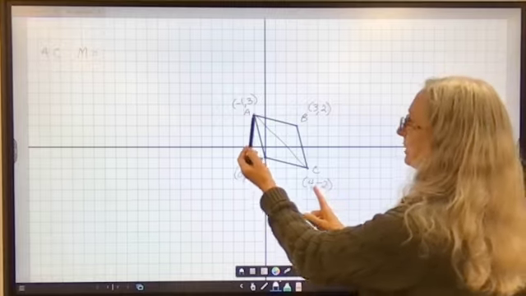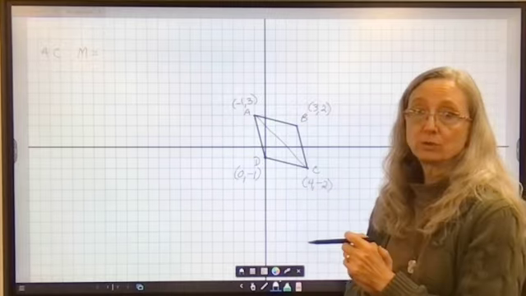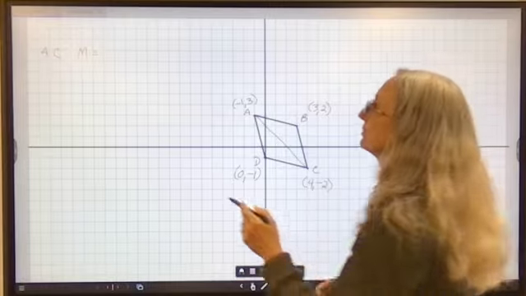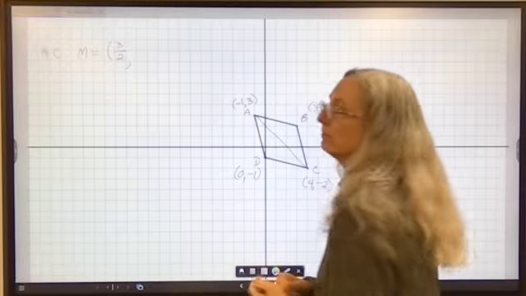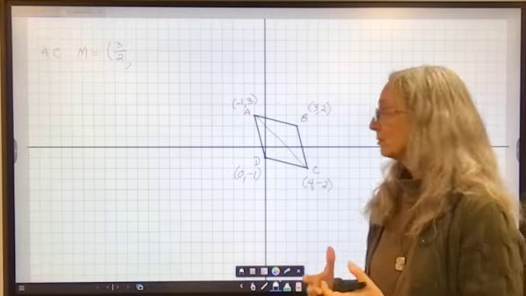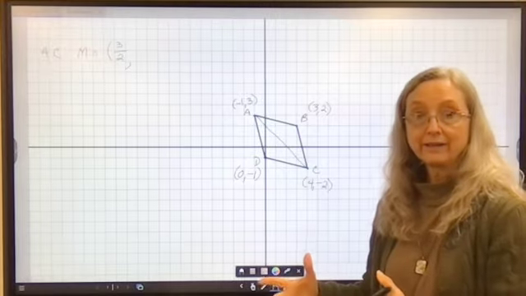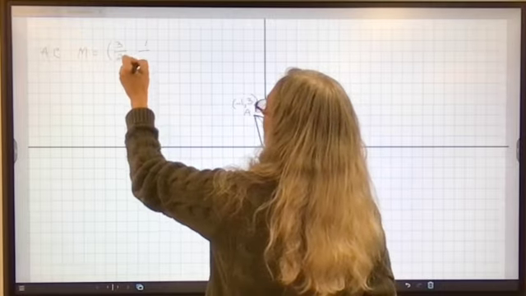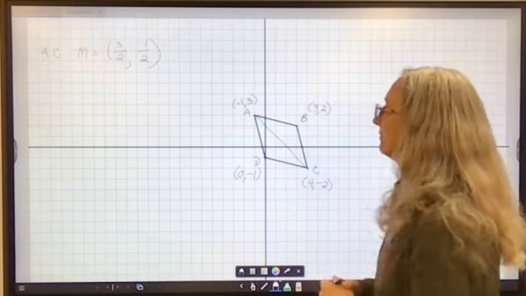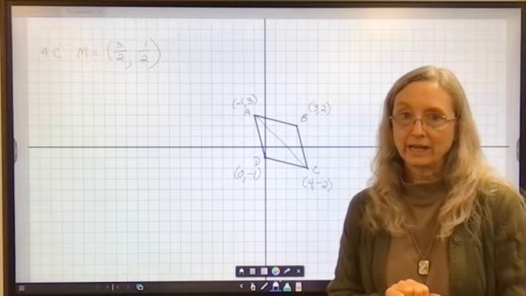So the midpoint between negative 1 and 4, I'm going to add those together. It's 3. So that's 3 over 2. That's my x coordinate, or 1.5. Do the same thing with my y's. 3 plus negative 2 is 1. Divide that in half, that's 1/2. So the midpoint of this diagonal is 1.5 and 1/2.